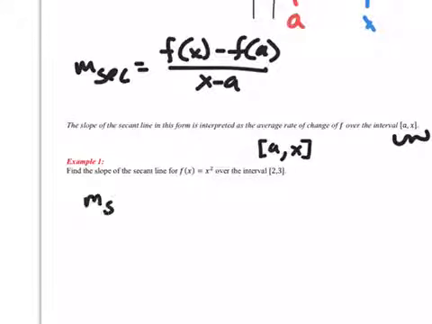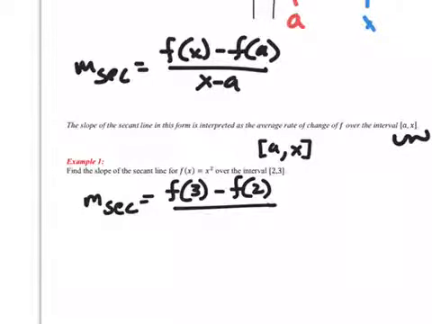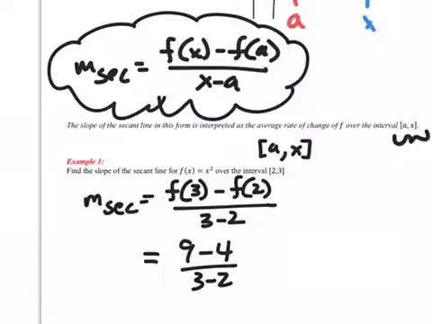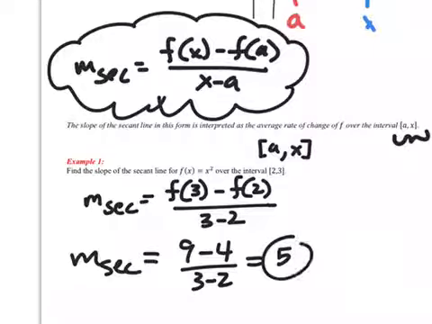So the slope of the secant line will be y2 minus y1 over x2 minus x1, using 2 and 3 and f of 2 and f of 3. Of course, 3 squared is 9, 2 squared is 4, and 3 minus 2 is 1. So the slope of our secant line here is going to be 5.